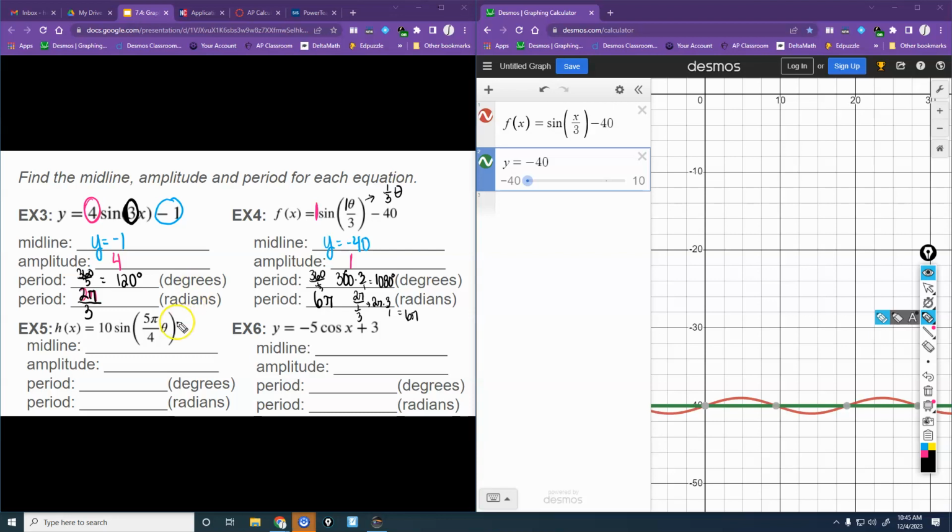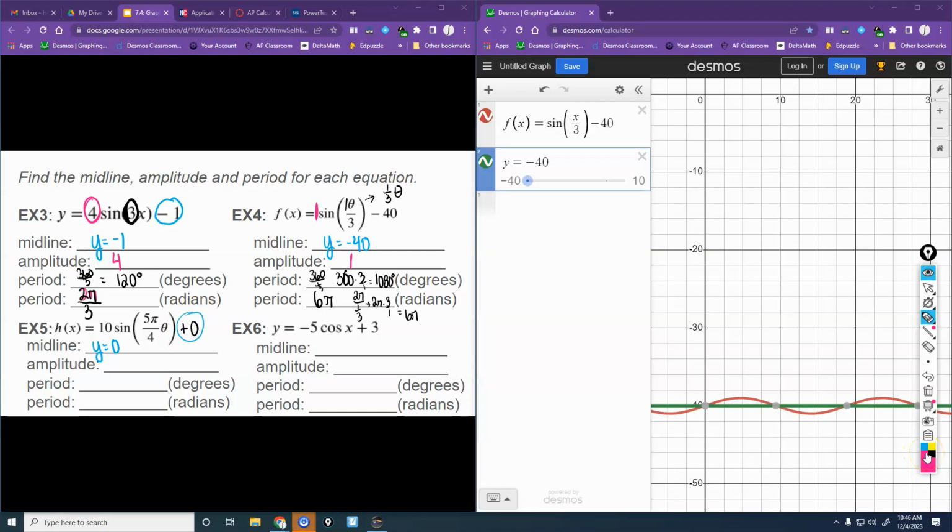It's 0. Because there is nothing on the end, and it's not going to be 1 this time, because you can't add 1 and it stay the same, right? I could put a +0 over here, though, and it wouldn't change anything. So my midline for this is going to be y equals 0. It comes from the fact that you got nothing there on the end.